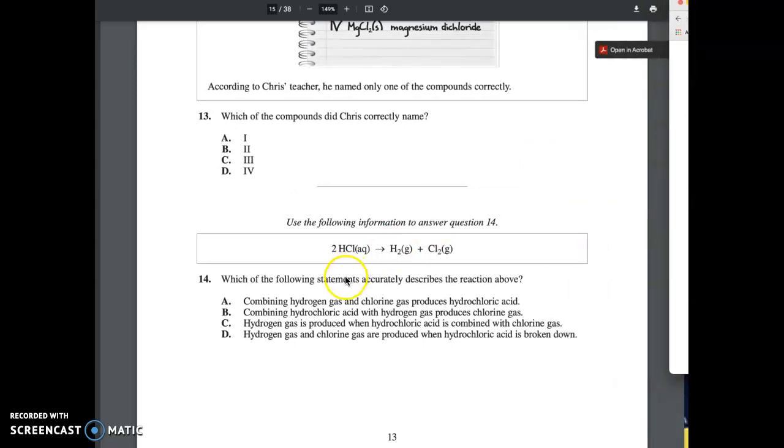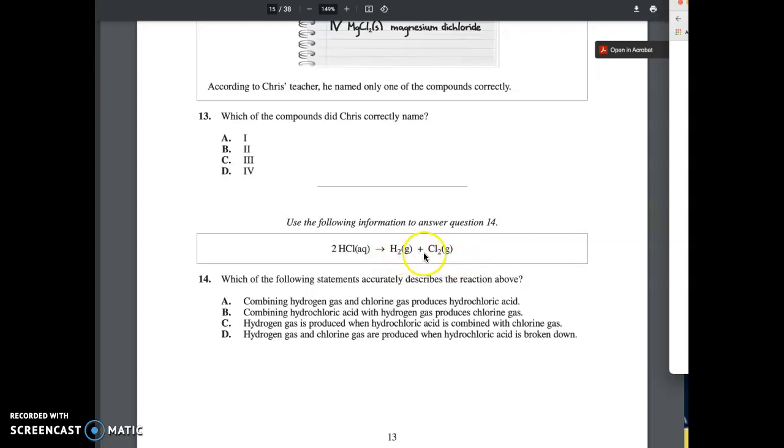This one has us starting with hydrochloric acid and reacts to form the products of hydrogen gas and chlorine gas. So what's going on in this reaction? Combining hydrogen gas and chlorine gas produces hydrochloric acid. That would be right if it was the other way around, right?